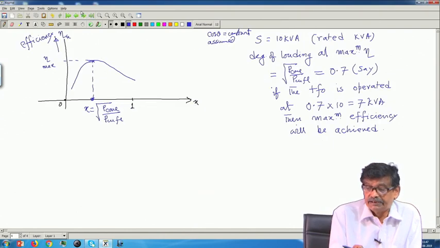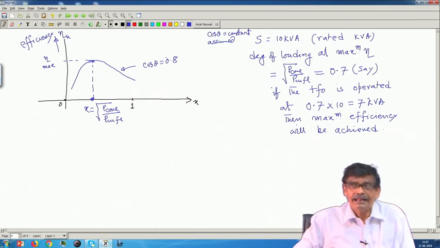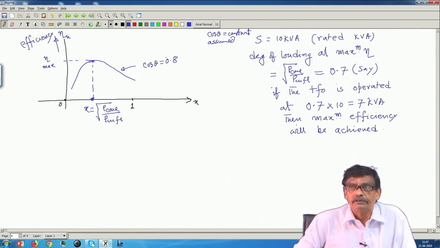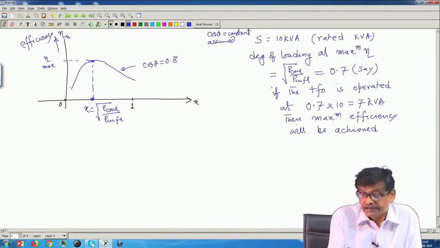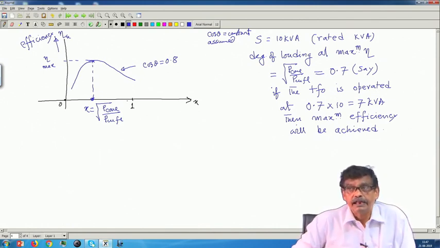Therefore, I should attach to this curve a tag saying that this curve is, for example, for cos theta equal to 0.8. Leading or lagging does not matter, no point in qualifying it further, because output power is x into S into cos theta. So, I must attach another parameter to this curve, that this curve has been achieved when you kept cos theta equal to 0.8.